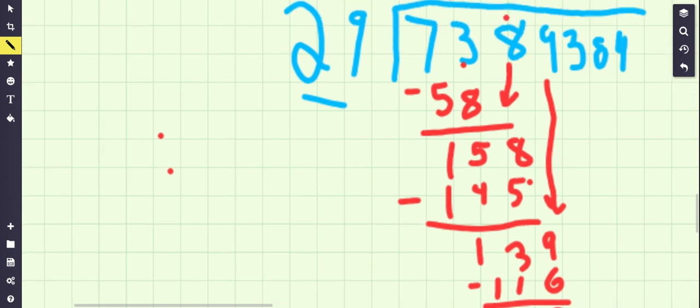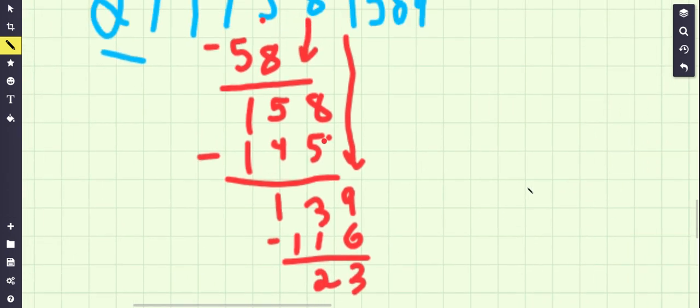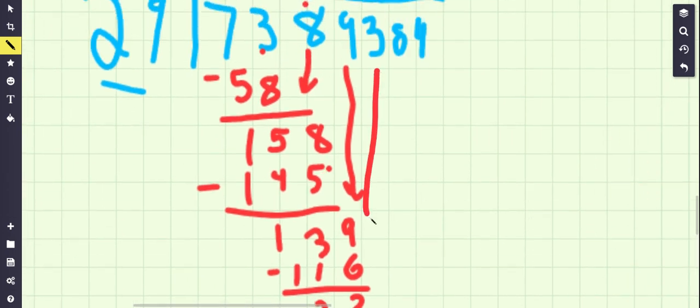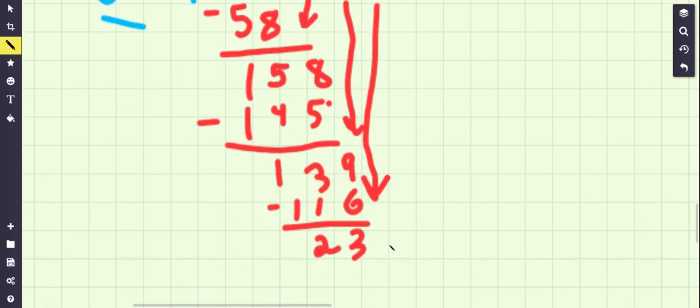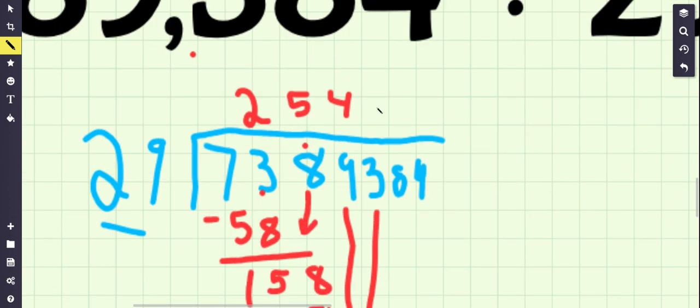Bring the 3 down. 100% there is probably going to be a remainder on this. That could fit about 8 times. 29 times 8 is 232.